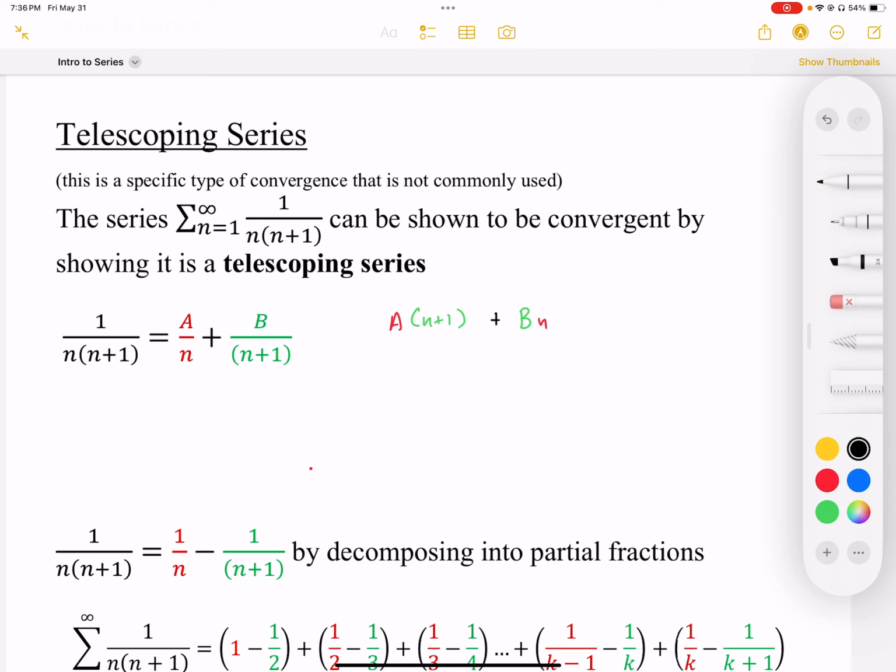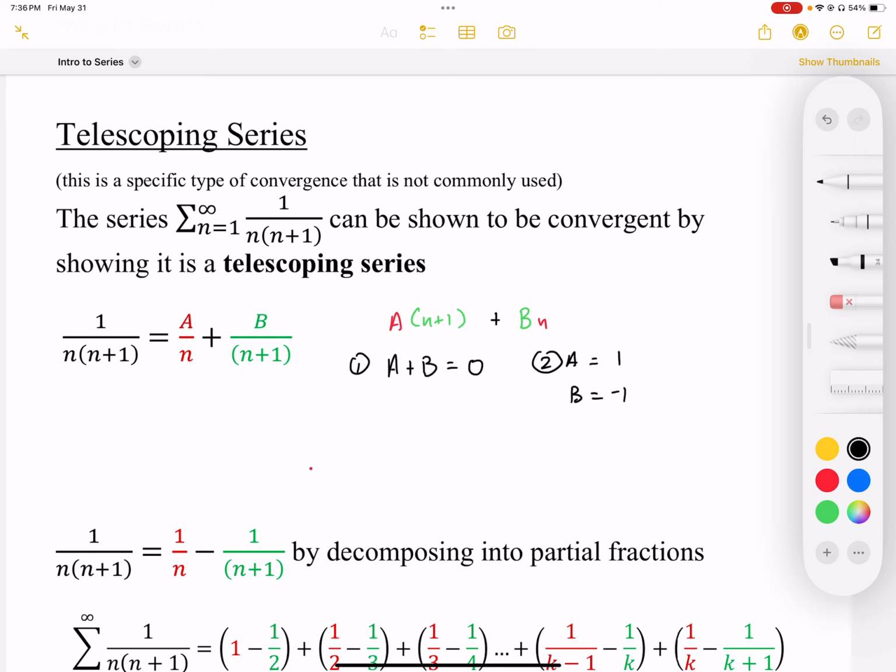And we can equate the coefficients, so we know that A plus B is equal to 0 because we have 0 n in the numerator, and we also can see that A is equal to 1. Okay, so that's our second equation, because we know that A times 1 gives us a constant, and there's a constant of 1 in the numerator. So then if A equals 1, B equals negative 1.